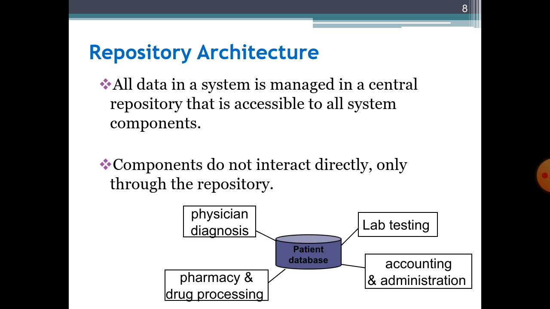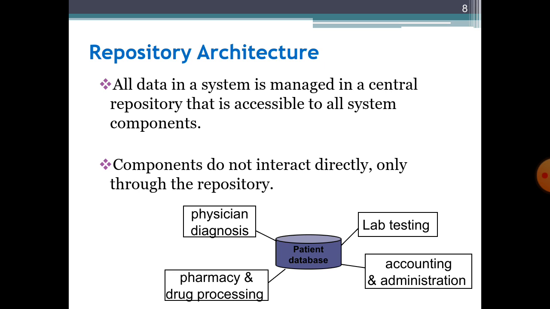So here is an example of repository architecture. In this diagram you will get a better idea about how the repository architectural pattern actually works. Students, if you see here, physician diagnosis, lab testing, pharmacy and drug processing, and accounting and administration are four different independent components. These four independent components don't communicate directly with each other.